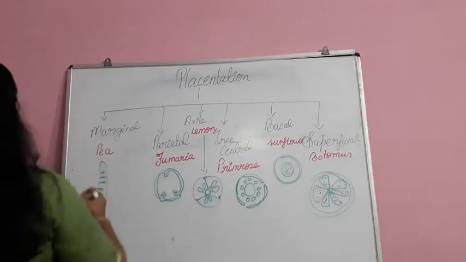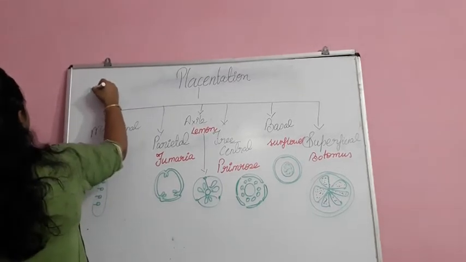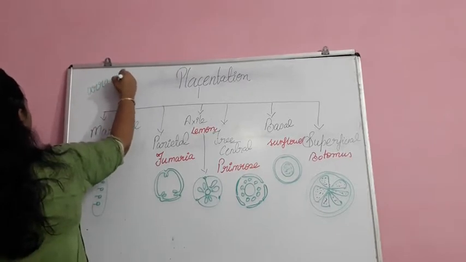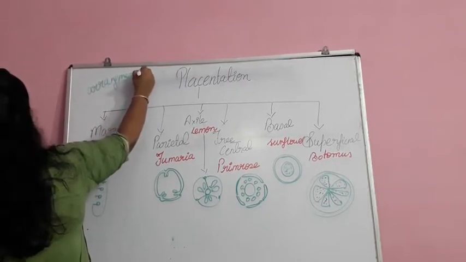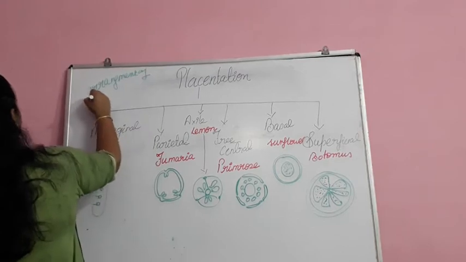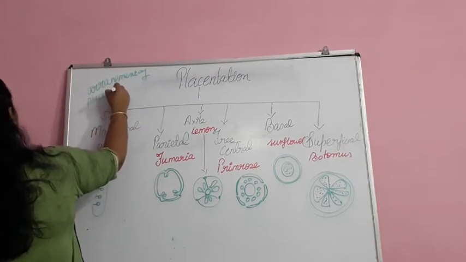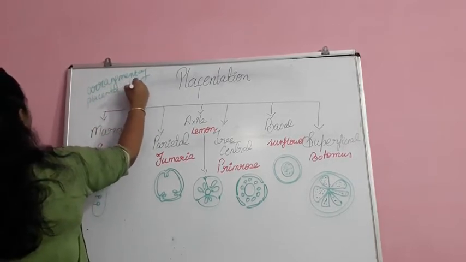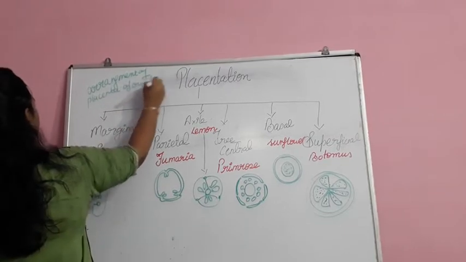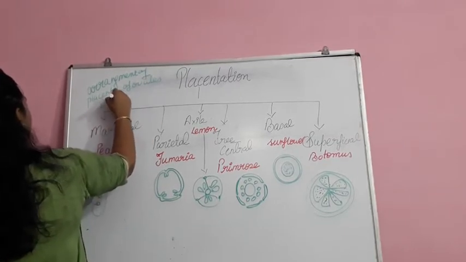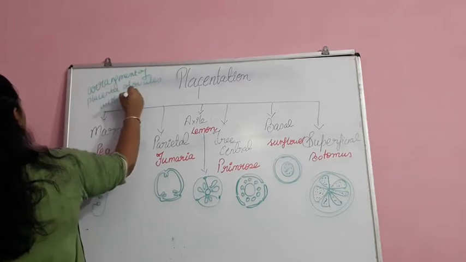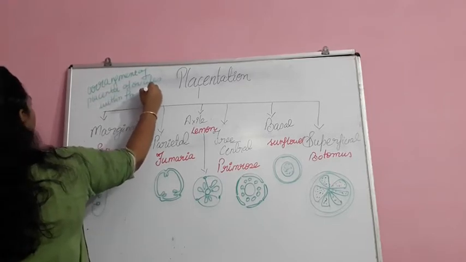So placentation is the arrangement of placenta of ovules within the ovary.